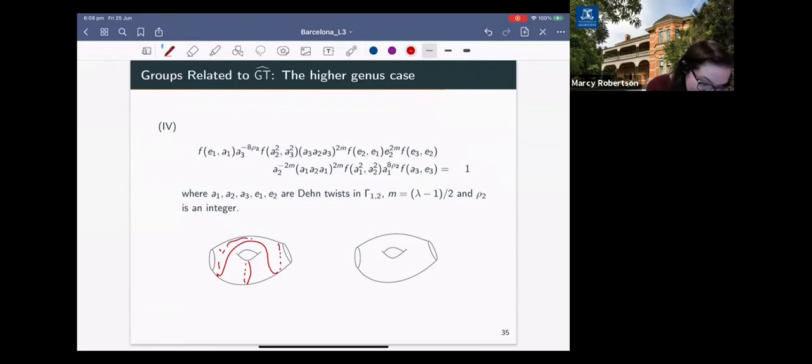So I might have a diffeomorphism where this goes over to, say, here, right? This is the kind of relation that's happening here. So this would be A1, A3, E1, E1 in that language, to correspond with what I've written there.